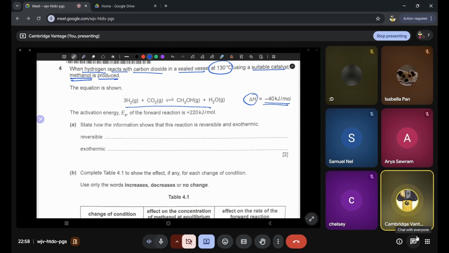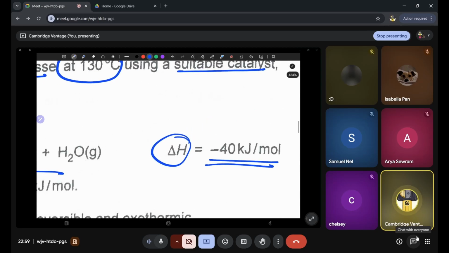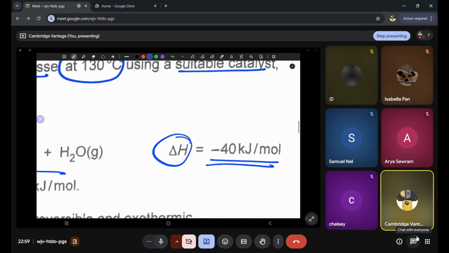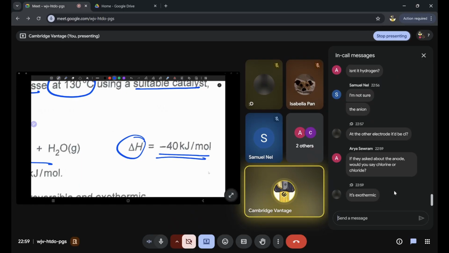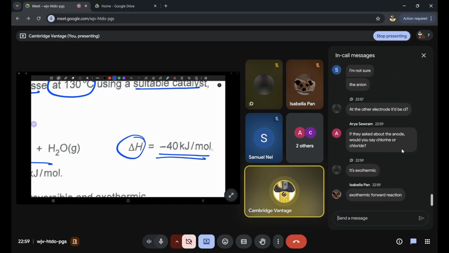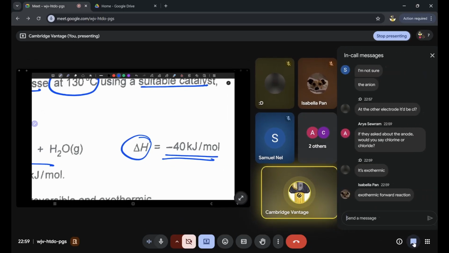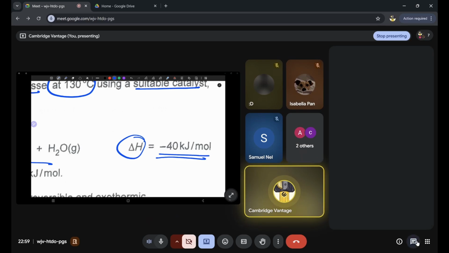So yeah. All right. So this question gave us the equation already, and I see that the enthalpy change is minus 40 kilojoule per mole. What does this indicate? What does the negative sign indicate? Okay, let's see what question does Arya have. If they asked about the anode, would you say chlorine or chloride? Arya, we would say chlorine. We would say the molecule is released, not the ion. And yes, the rest, Layat and Isabella, you guys are correct.